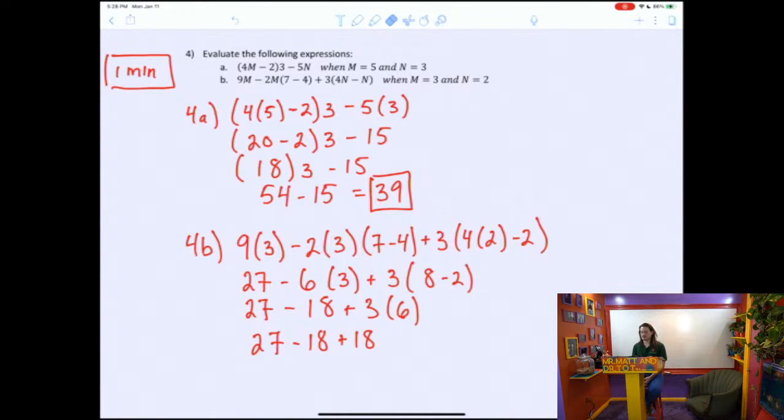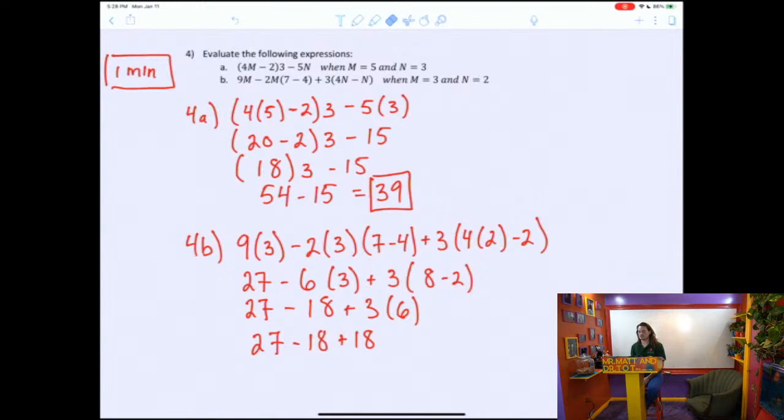So this is going to simplify on the third line as 27 minus 18, coming from the negative 6 times 3, negative 18, plus a positive 18, coming from the positive 3 and positive 6. Notice that we have two values that have equal magnitude but opposite signs. So they're going to directly eliminate with each other.